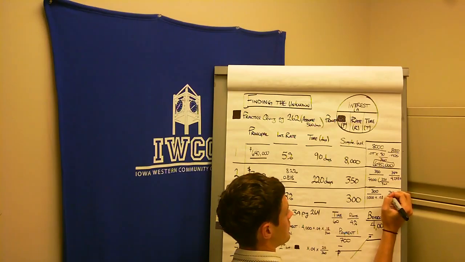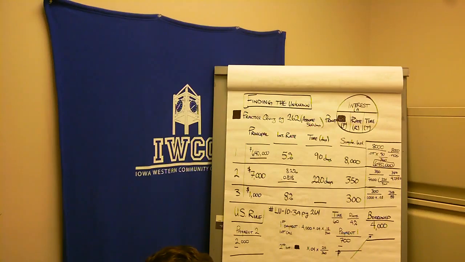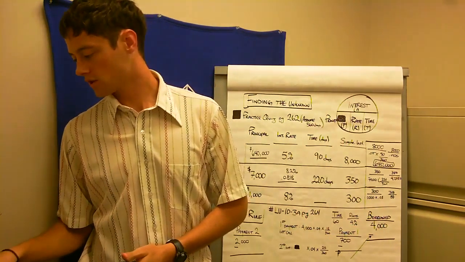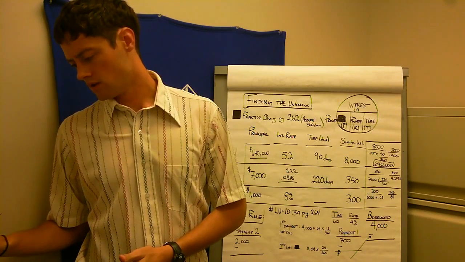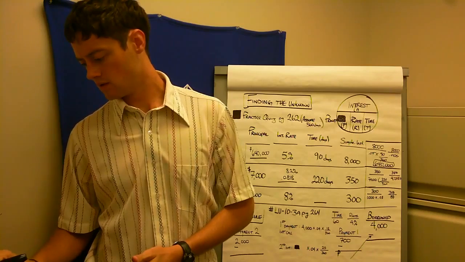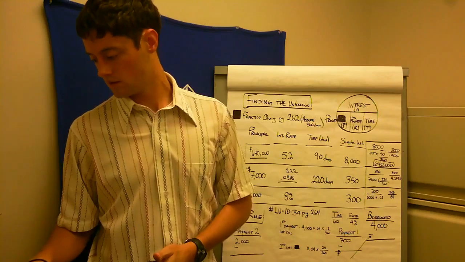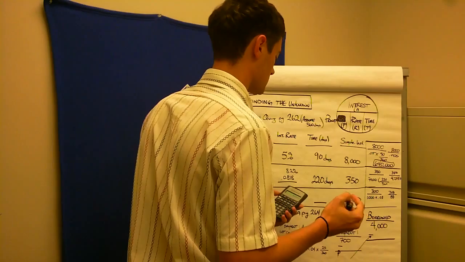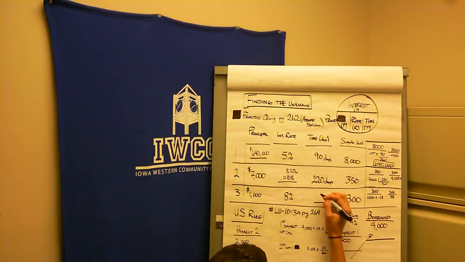So 300 divided by 80, zeros drop. 30 divided by 8 equals 3.75. Now, was that in time or months? I have to check with the book to see what we were actually solving for. And that is actually going to need to be multiplied by the number of days in a year.